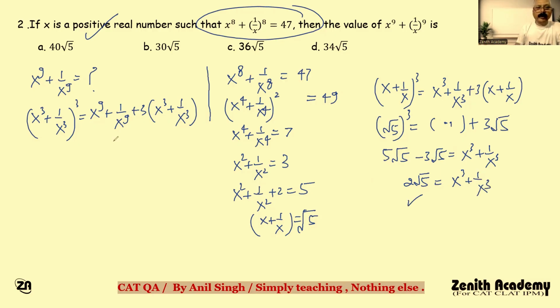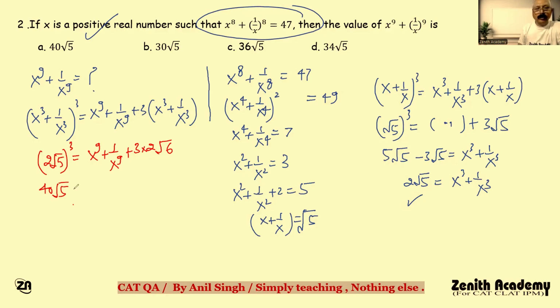So this value I can put here. So (2 root 5) whole cube is equal to x to the power 9 plus 1 upon x to the power 9 plus 3 into 2 root 5. Here it is 8 into 5, which is 40 root 5.